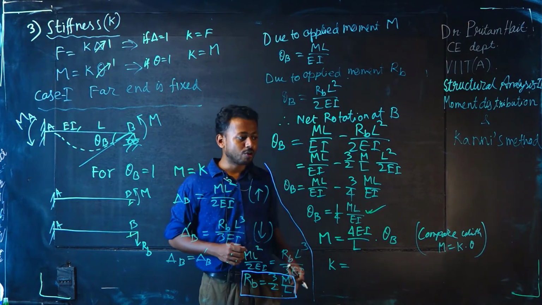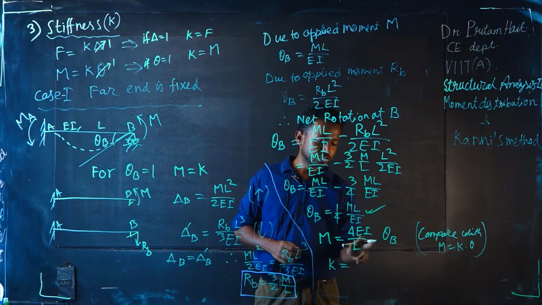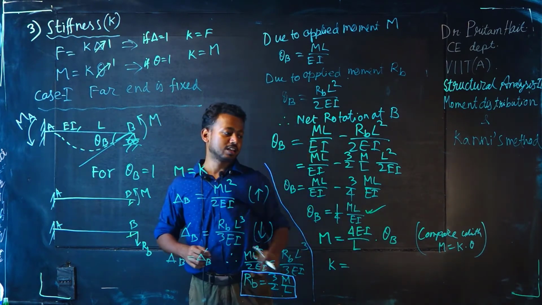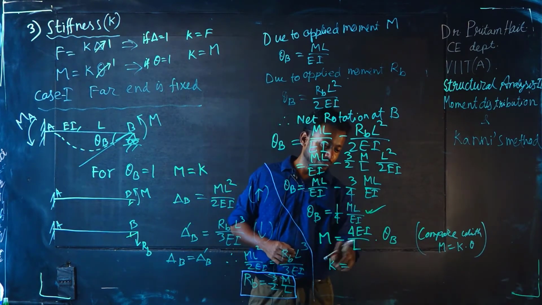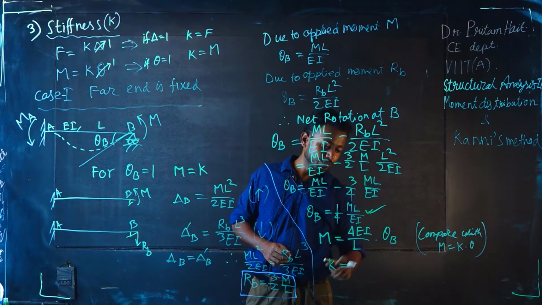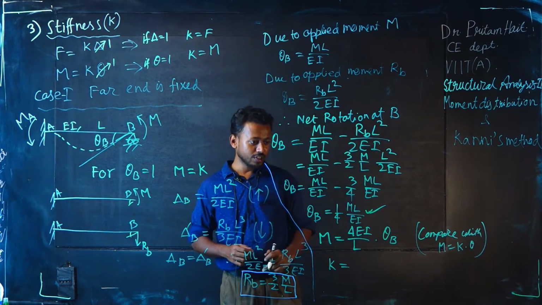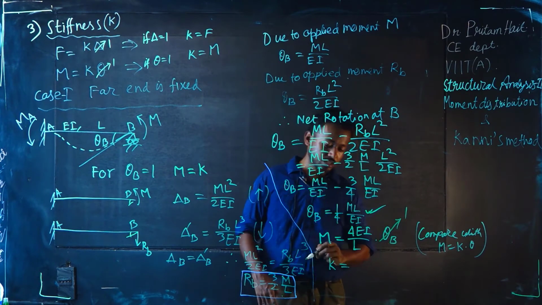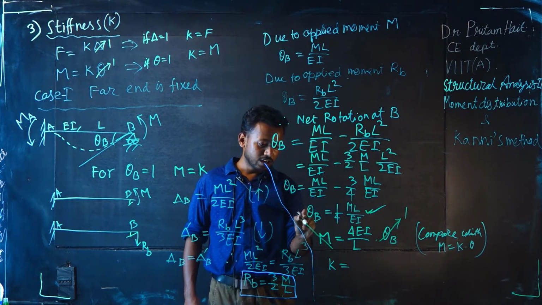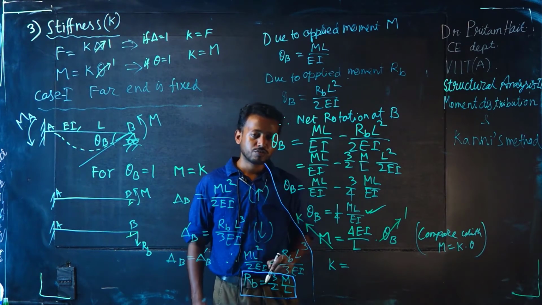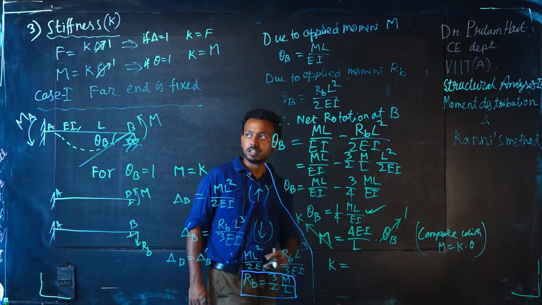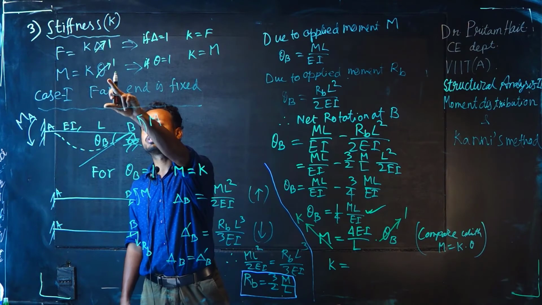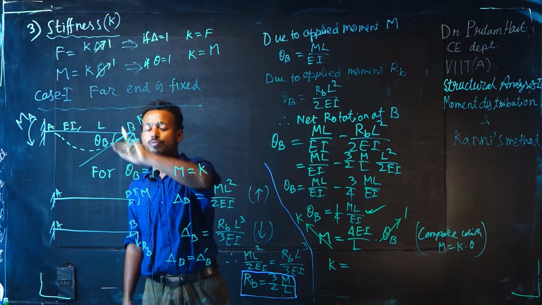Now we compare this equation with M equals K theta. This is M, this is theta. If you consider this is unit rotation, so I can write this is stiffness. It is clear? I told you for unit rotation the required moment is called stiffness.